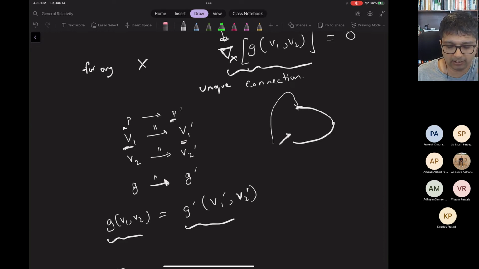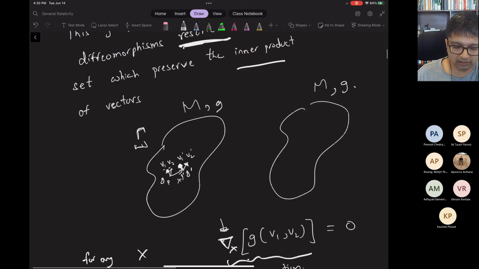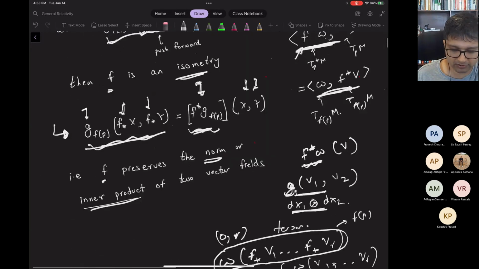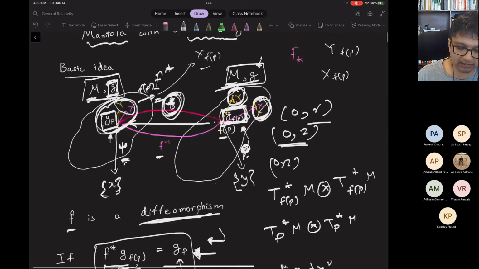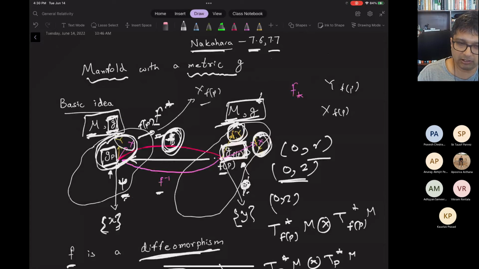However, for a diffeomorphism, if I have a map F, it doesn't care. I don't have to think about continuous diffeomorphisms to get from one point to another point. I directly have a smooth map which takes me from one point to some other point on the manifold.